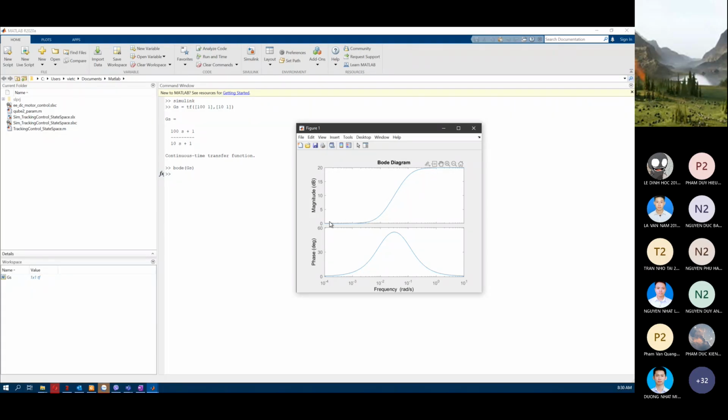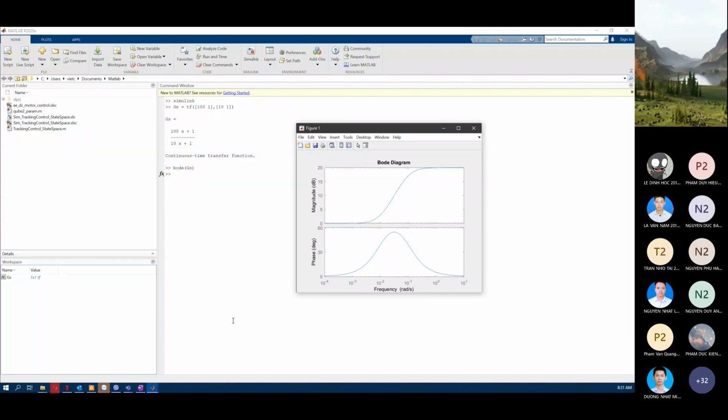Okay, that means the amplitude goes from here to here, and the phase goes this way, right? This is the real phase lead system.